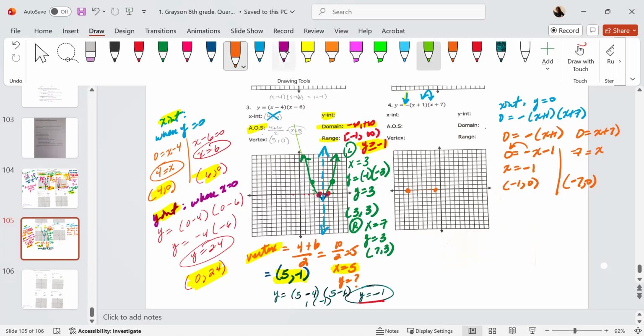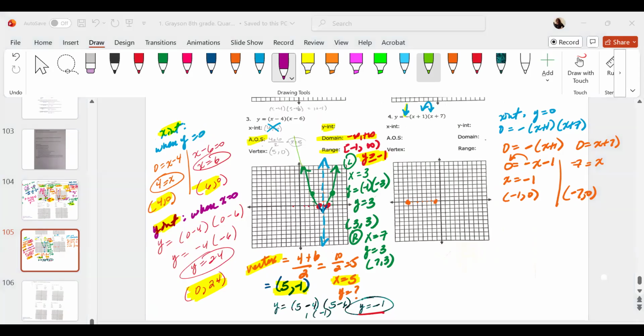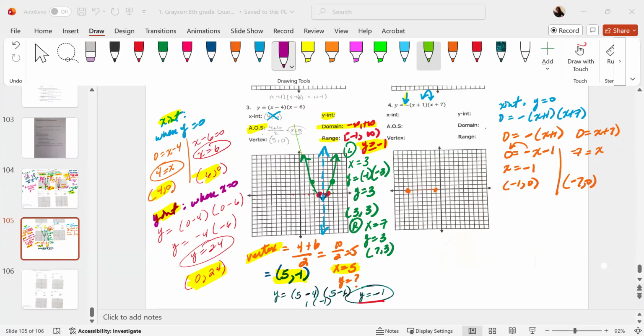Now, in between them is going to be your vertex. And if you're not sure if we did this correctly, we can always use decimals to check. I'm just going to check very quickly. So y is equal to negative, and what's the first one?